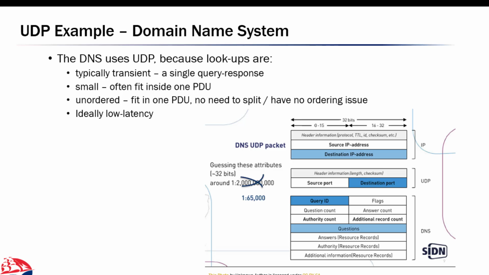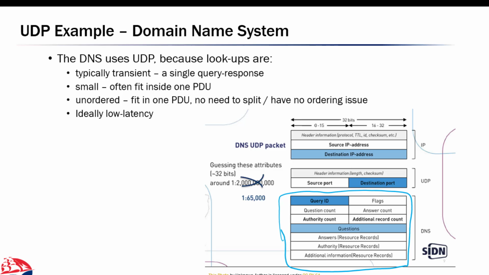So let's take a look at a couple applications that use UDP, and one of them is the domain name system. Now we've seen this earlier when we looked at different kinds of internet service providers, and the DNS was a pretty important part of that. But the DNS is a really interesting system because the DNS request fits inside a UDP request.